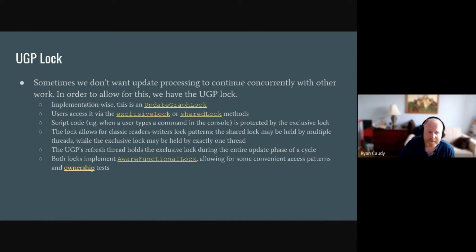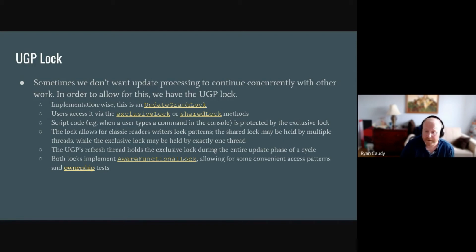You don't necessarily need to care about that class because you're not going to use it directly. You're going to invoke either the exclusive lock method or the shared lock method on the update graph processor singleton itself, and you get a lock via that, which you can then use to lock a section of code or whatever other pattern you're trying to follow.